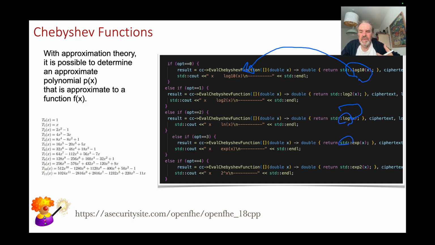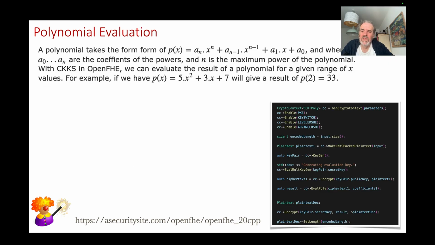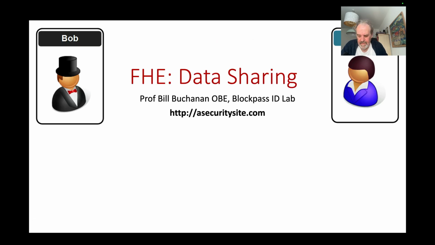This allows us to take a standard maths library and convert it into a polynomial form. We can also perform polynomial evaluations. Sometimes we might have a polynomial and want to plug in a value of x and then perform the operation. This is the function that allows us to do that on our ciphertext values.